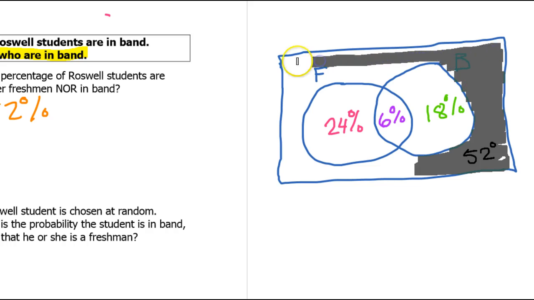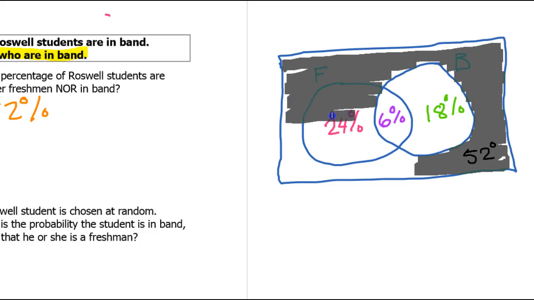I'm blacking out everything else. That's what it means when you're given something. The universe shrinks down to only that.